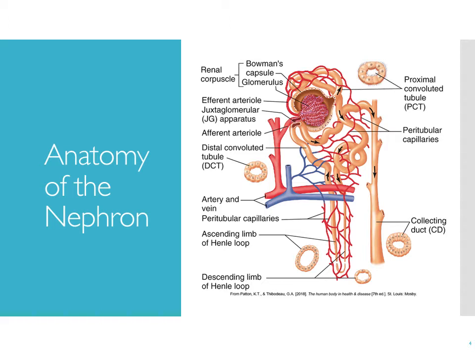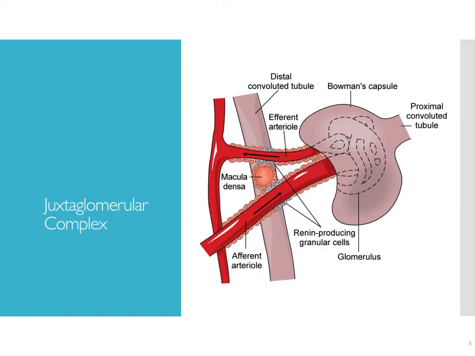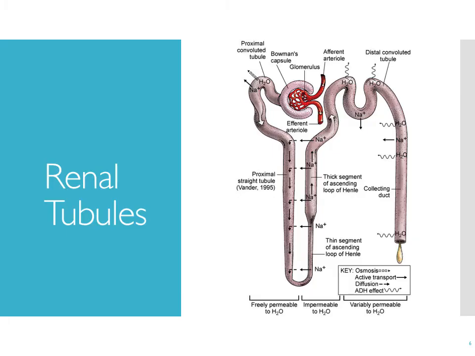So refer to these pictures and refer to things like that as you're thinking about these different medications and you're learning more about them. This talks a little more about the Bowman's capsule and the juxtaglomerular complex. These are renal tubules.